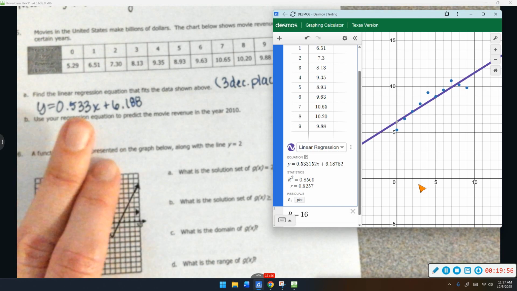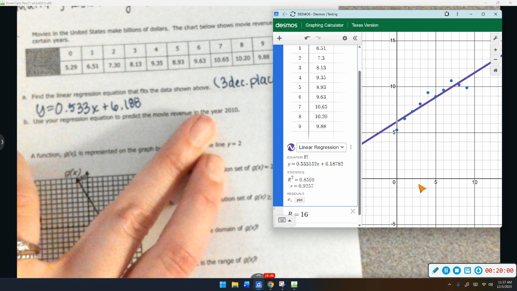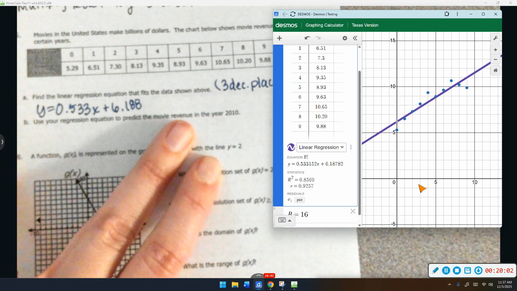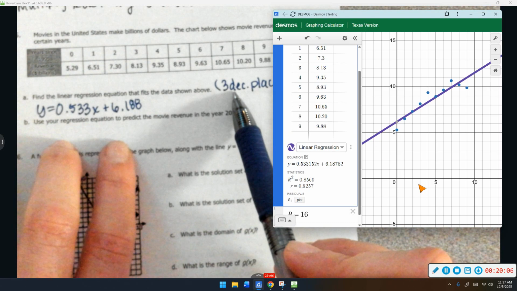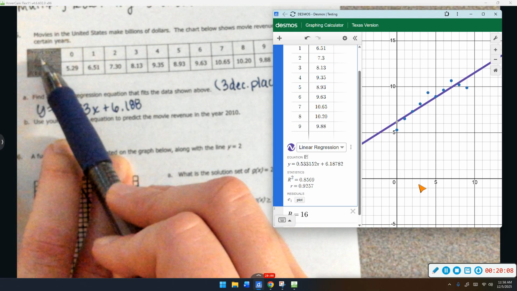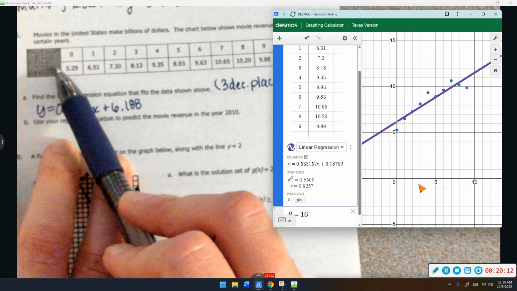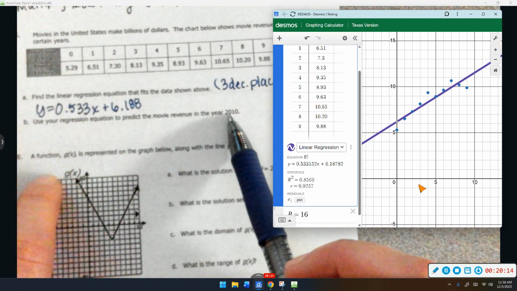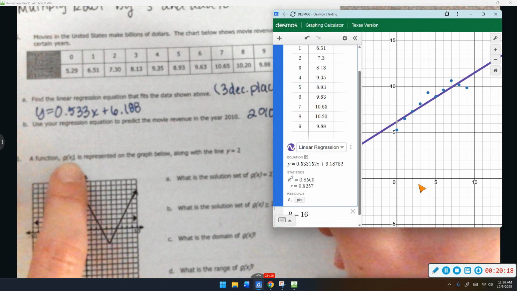Okay, use your regression equation to predict the movie revenue in the year 2010. Okay, well, to understand this, we have to go back to the problem. This is saying years since 1995. So how many years after 1995 is the year 2010? I feel so old at the moment.